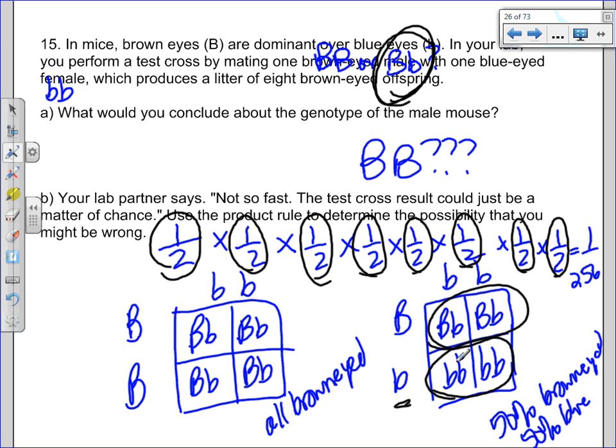So it is possible that having 8 that are brown-eyed is due to chance, but it's only a 1 in 256 probability. So there's a good chance that that male mouse is big B, big B, but it would be better if you did some more matings to confirm your results.